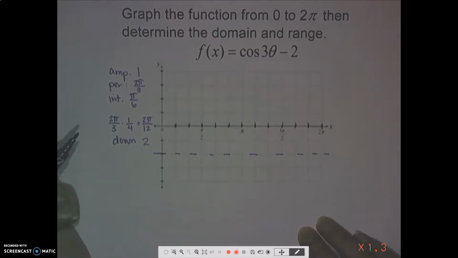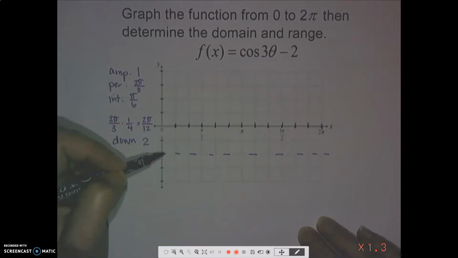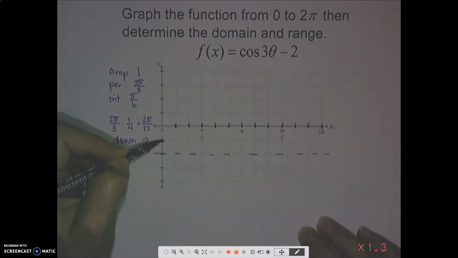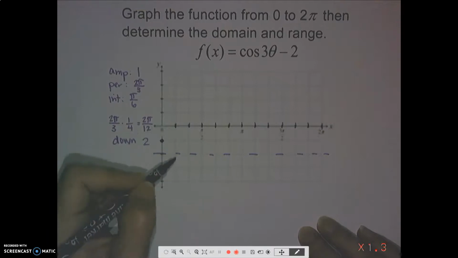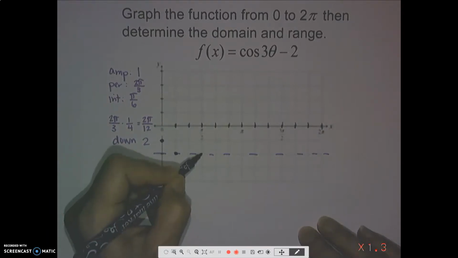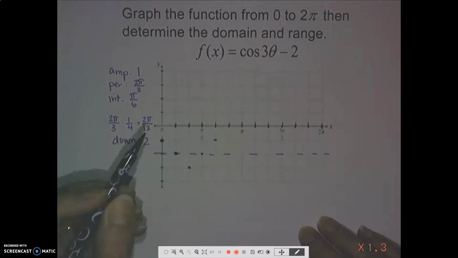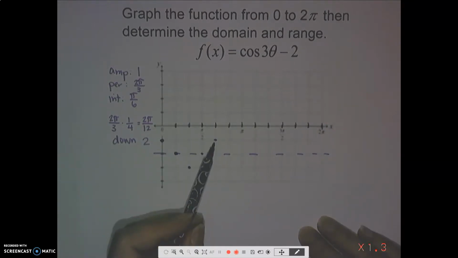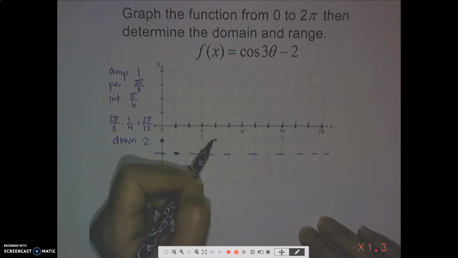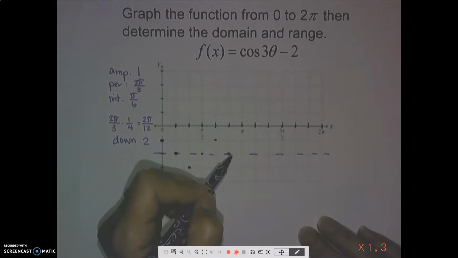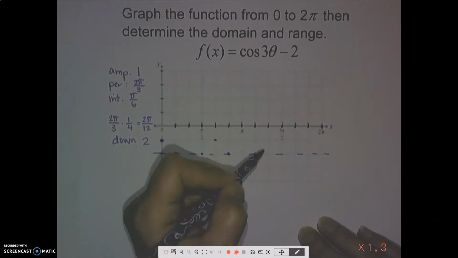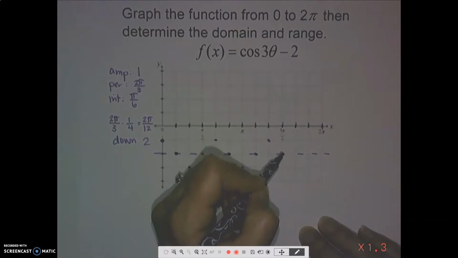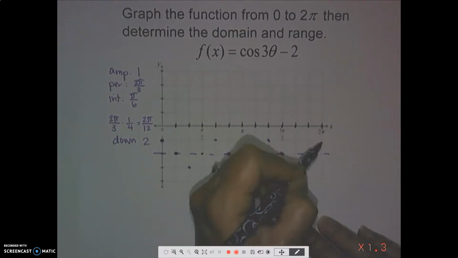All right, cosine starts at the amplitude. So instead of starting at our midline, we're going to start up 1 space above that. And remember, we said we're marking something every tick mark. So then we're at 0, down, 0, up. By the time we made it to 2 pi over 3, we're done with one cosine curve. And we keep going down to 0, down, 0, up, 0, down, 0, up.